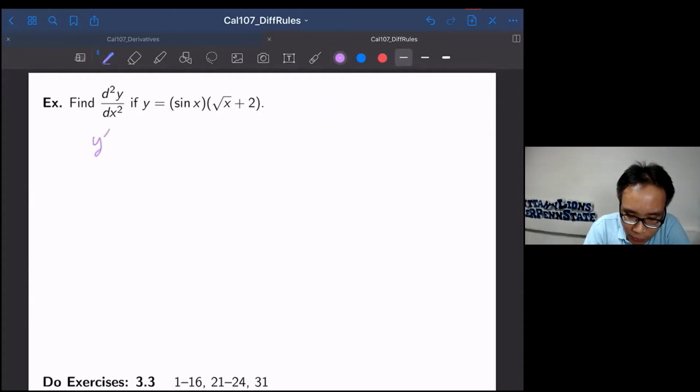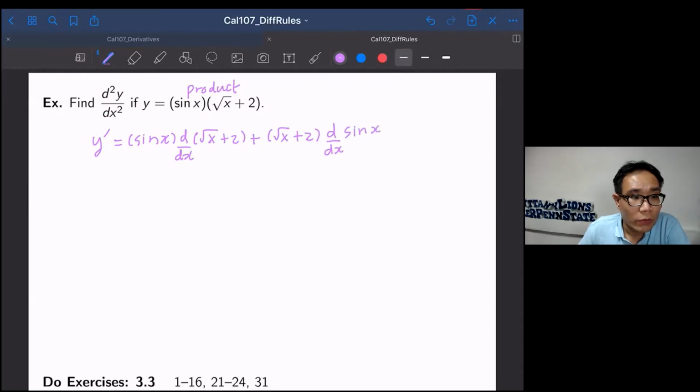For the first derivative, you use the product rule. You differentiate this: the first times the derivative of the second, plus the second, which is root x plus 2, times the derivative of the first.